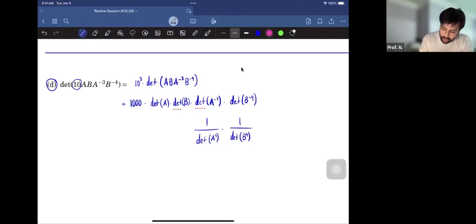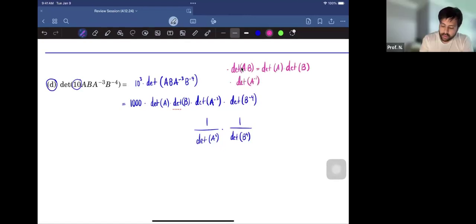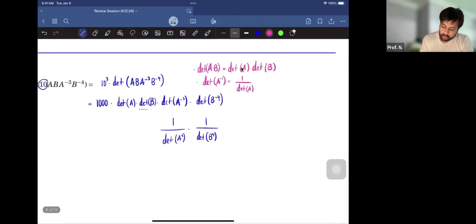So we know that the determinant of A multiplied by B is equal to the determinant of A times the determinant of B. We know this. We also know that the determinant of A inverse is equal to 1 over the determinant of A. So from here, the determinant of A to the K should equal what?